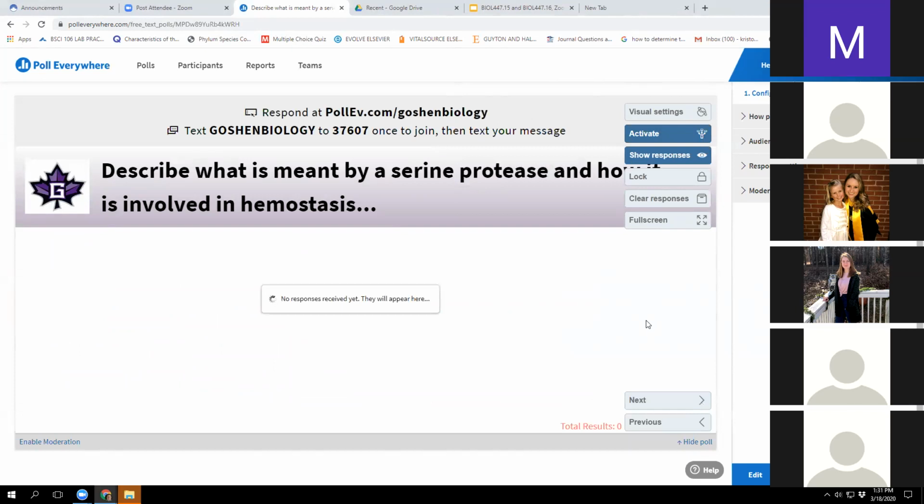Okay, so here's a chance for you to put in a little answer to what is meant by a serine protease and how is it involved in hemostasis? I asked you to know not everything from the clotting cascade, but the function of a serine protease and the function of a transglutaminase.